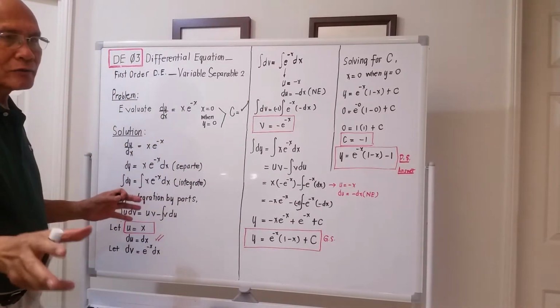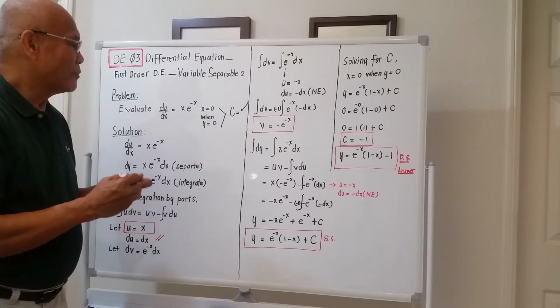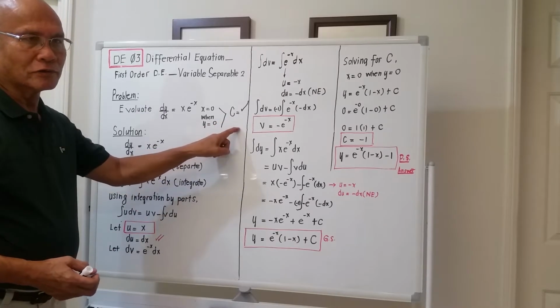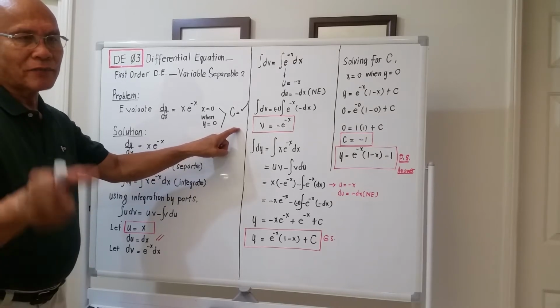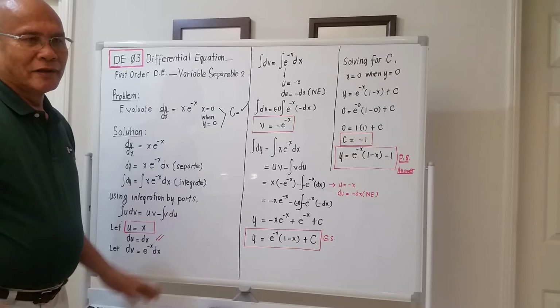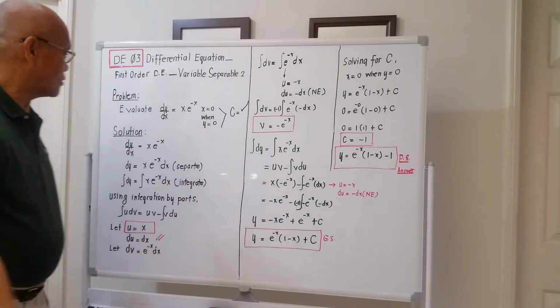So to bring out the particular solution of this one, we must solve for the constant of integration. So meaning, the problem is asking for the particular solution. And the topic is under variable separable. Okay, let's proceed with the solution.